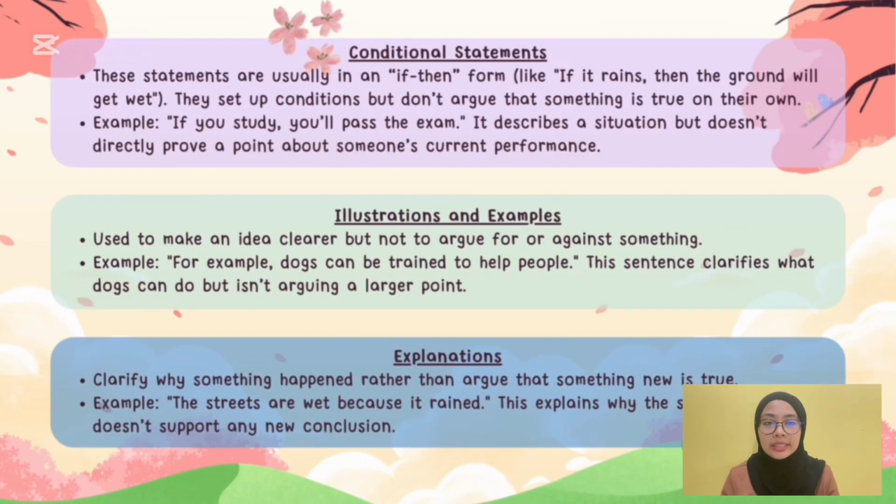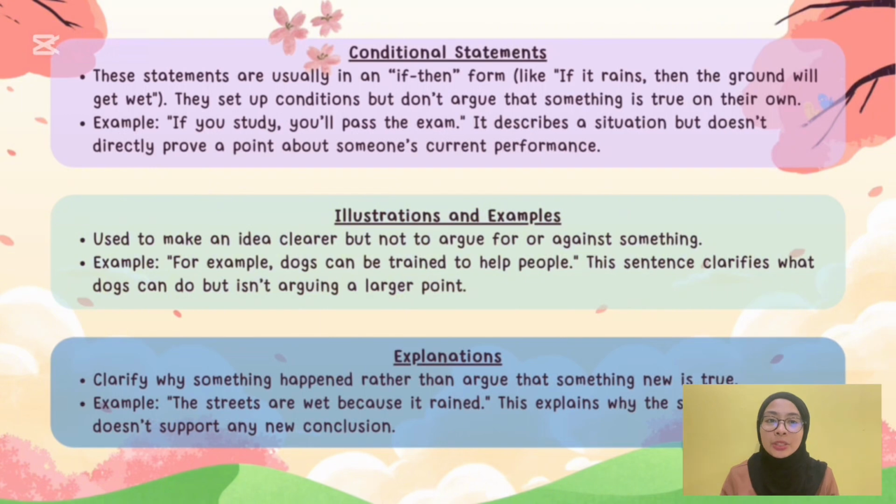The next one is conditional statements. Conditional statements are usually in an if-then form, like if it rains then the ground will get wet. These statements set up conditions but don't argue that something is true on their own. For example, if you study, you'll pass the exam.